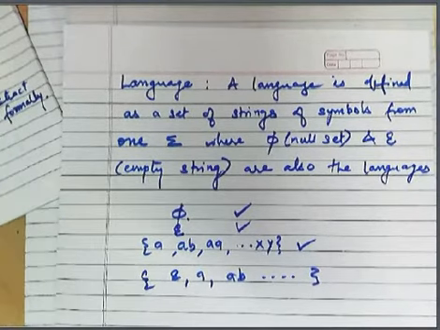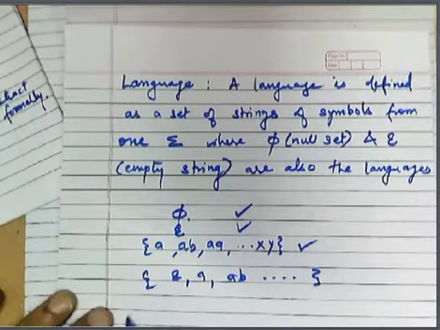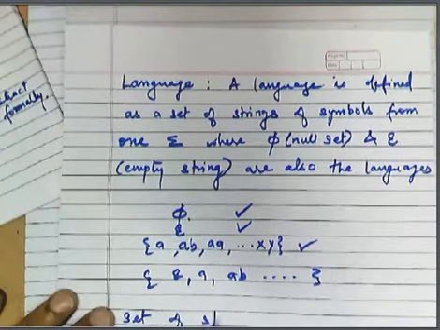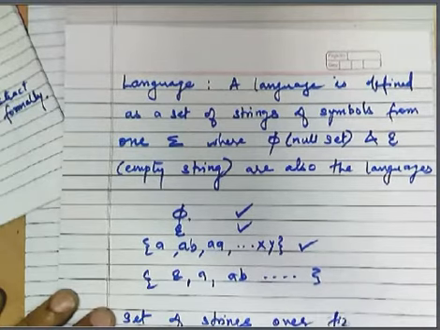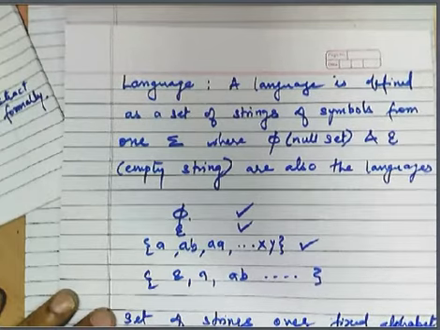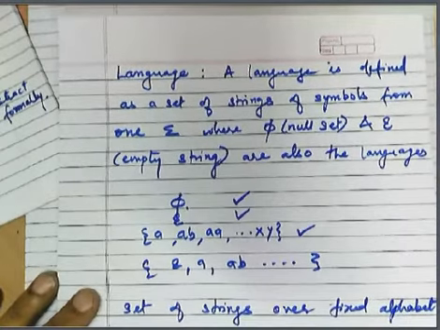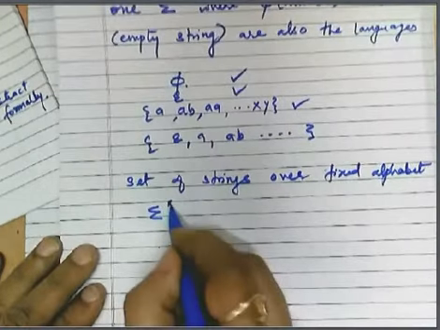Okay. So formally we can say that it is a set of all strings over a fixed alphabet, and it is denoted by the summation star.